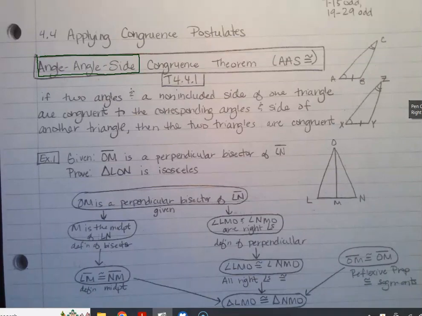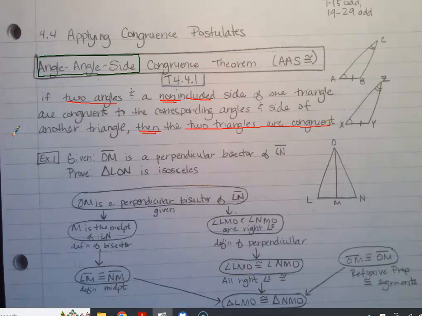This one says if two angles and a non-included side, so we want the angle, the next angle, and then the next side, of one triangle are congruent to the corresponding angles and side of another triangle, then the two triangles are congruent. So we're proving triangles congruent by angle, angle, side.